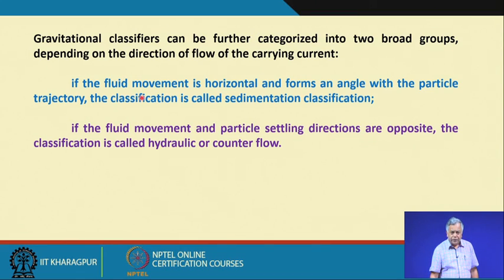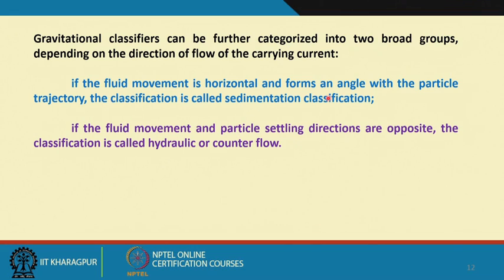If the fluid movement is horizontal, like this, and forms an angle with the particle trajectory, that is, your particle is moving like this and the fluid movement is like that, so you are making an angle with this, the classification is called sedimentation classification. That means the fluid is moving like this and your particle is traveling into the vessel like this. So, that is called sedimentation based classification.